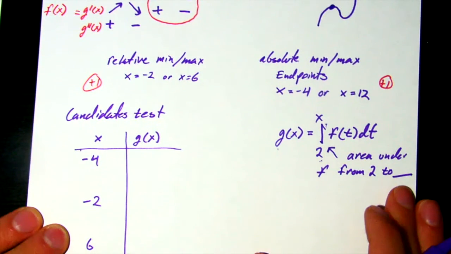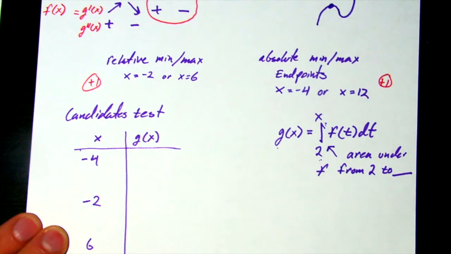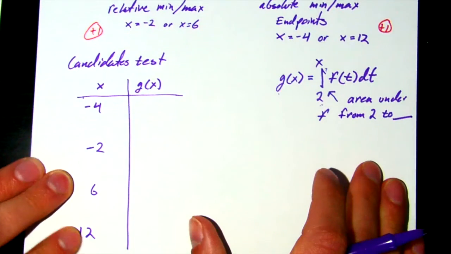So in order to find those values, I'm going to start with 6. I think that might be the easiest place to start.